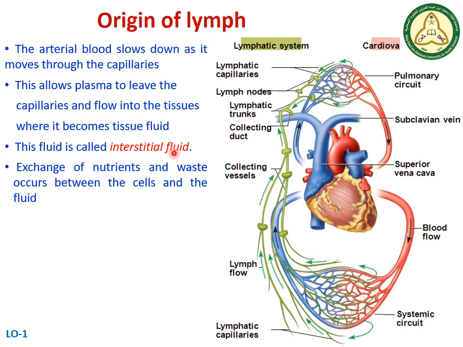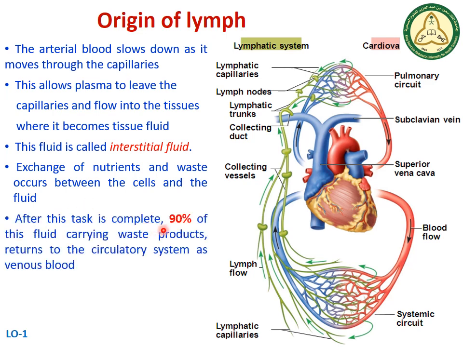When this extra 10% accumulates in that interstitium, that fluid swells the tissue until it is removed. So at every circulation, the interstitium becomes increased in the tissue due to this accumulation. Exchange of nutrients and waste occurs between the cells and the fluid.